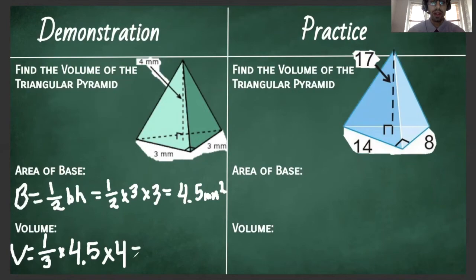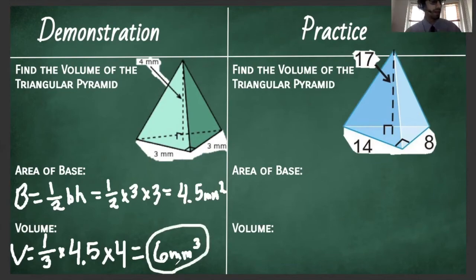If I multiply that all through, I'm going to give you guys a second, their calculators, to multiply that out, you should get 6 millimeters cubed. So your volume for this triangular pyramid would be 6 millimeters cubed, okay?